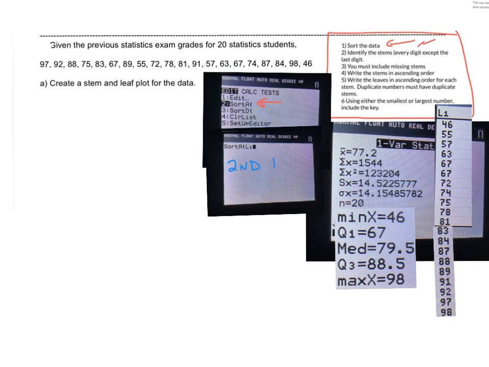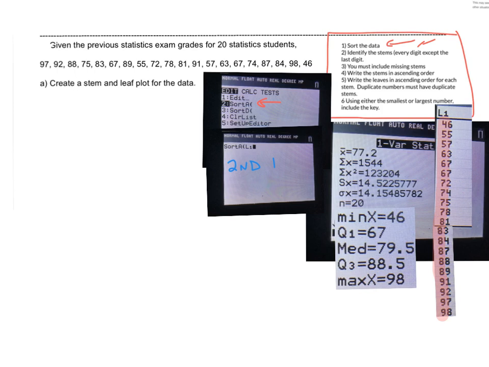Step 2 is going to be to identify the stems, which are every digit except the last digit. So here, my stems are going to be 4, 5, 6, 7, 8, and 9. The key to remember is that the stems are every digit except the last digit.